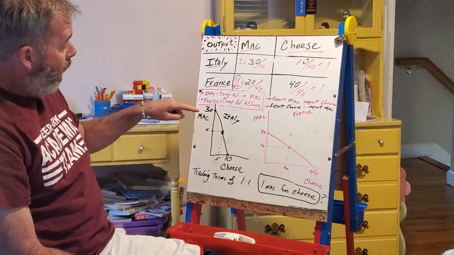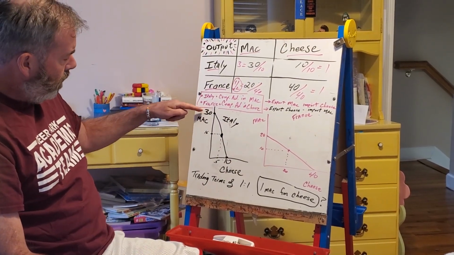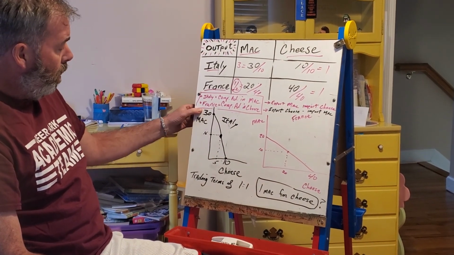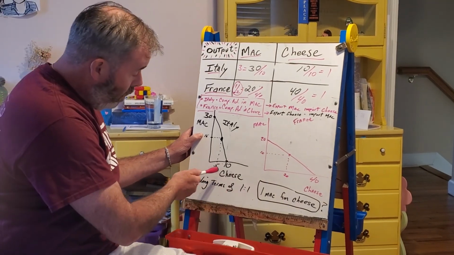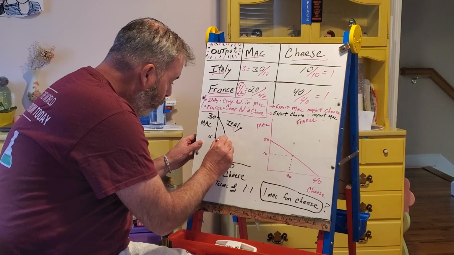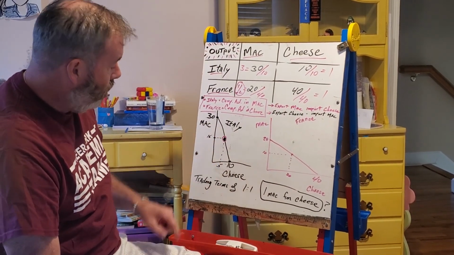Yeah, they could. If they devoted exactly half, they would produce exactly half of the best they can do in macaroni, 30. That means they have half of their productive resources to devote to cheese, so Italy can produce 15 units of mac and 5 units of cheese.